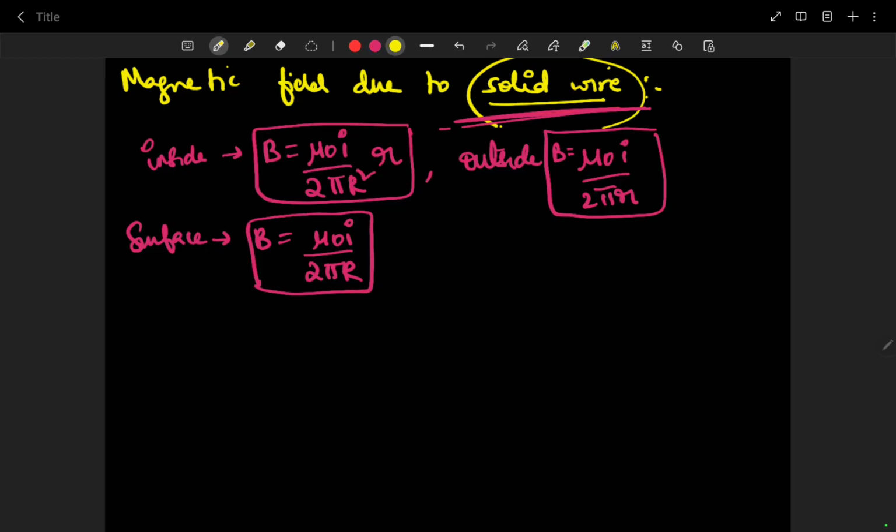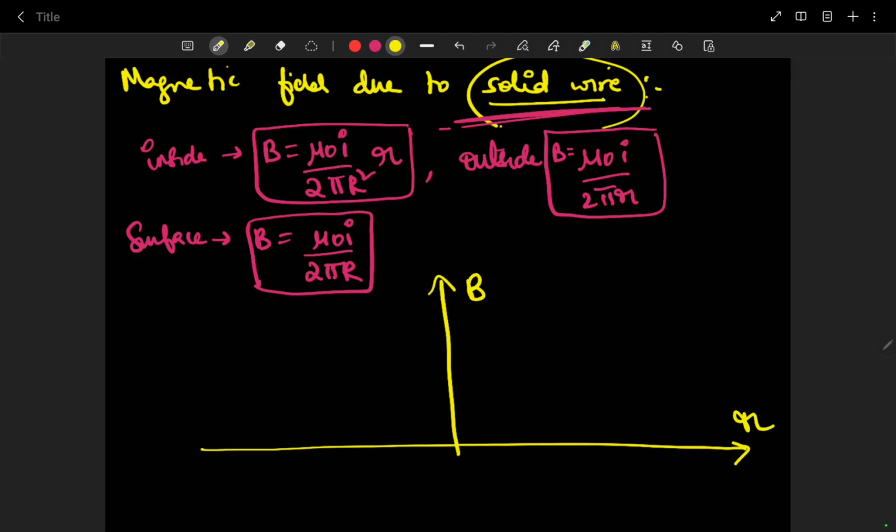So we are drawing a graph between B versus r like the previous one. Just to repeat, I'm drawing the wire over here and there are these multiple wires inside.